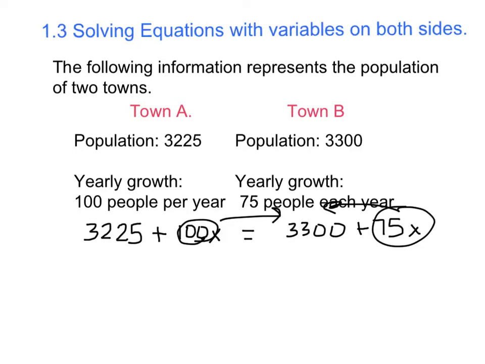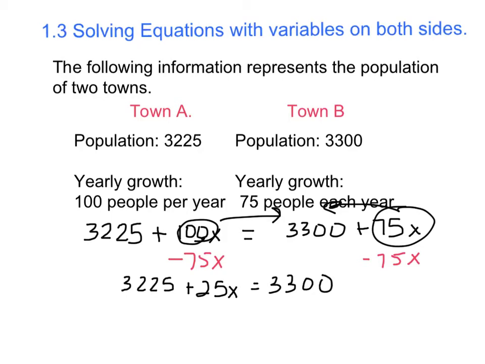So how do you move a plus 75? Well, you're going to subtract 75. Anytime you want to move something across, you have to do inverse operations. So we're going to subtract 75x. That's going to give us 3,225 plus 25x equals 3,300. And now just solve the rest.